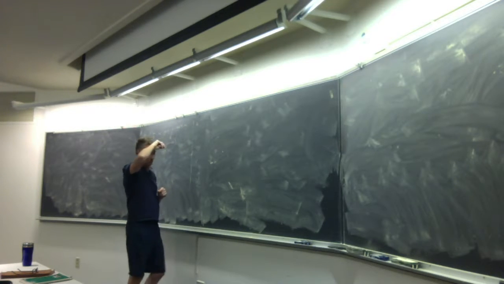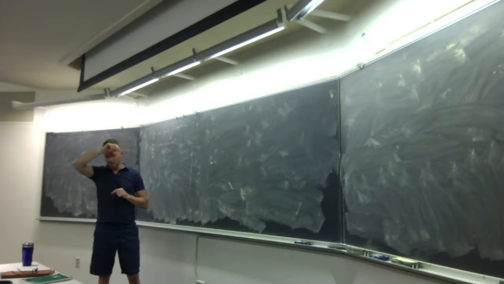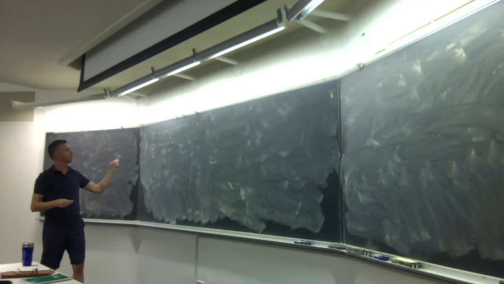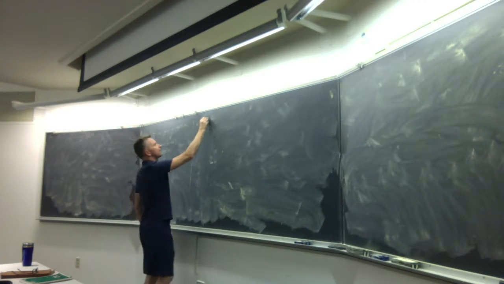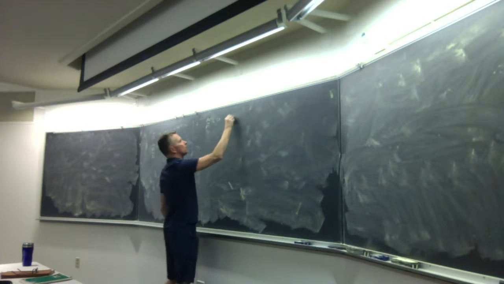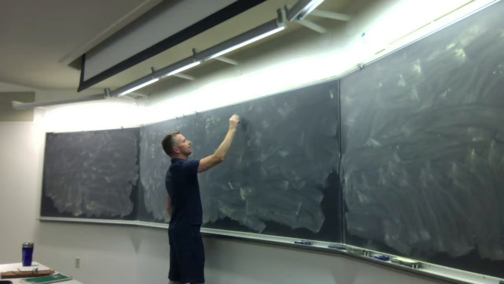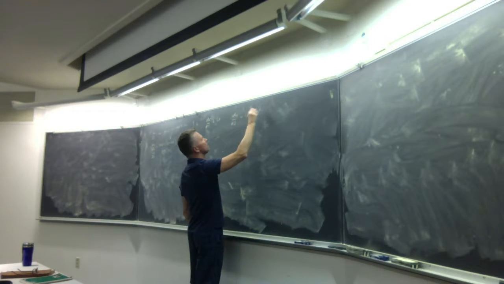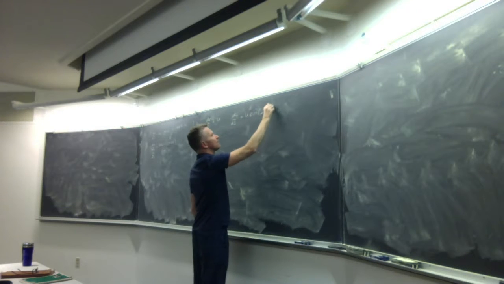I want to do an example of this. Yeah, I guess this one you can do this way. So if I have dx by ds is equal to u, dy by ds is equal to u sine x minus ut, right?